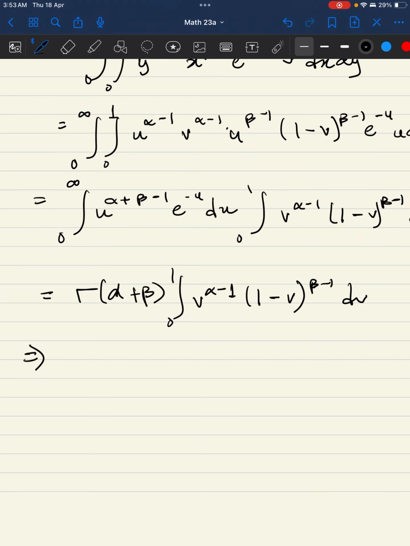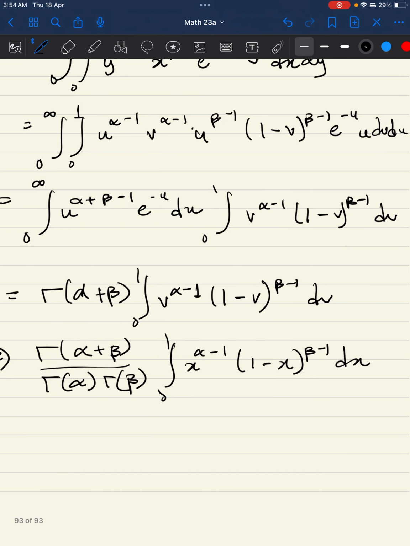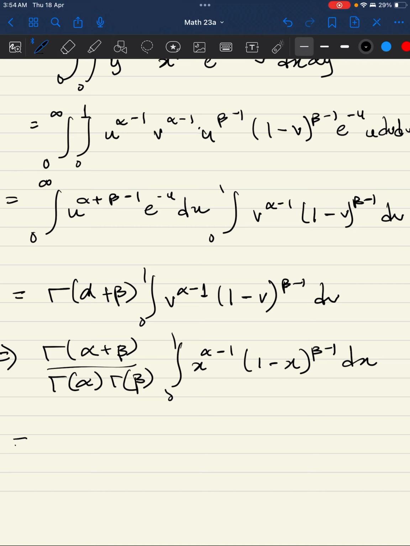Which then means I'm going to divide both sides by Gamma alpha and Gamma beta to get Gamma of alpha plus beta divided by Gamma alpha Gamma beta times the integral from 0 to 1 of x to the alpha minus 1, 1 minus x to the beta minus 1, dx, which is what we started off with.